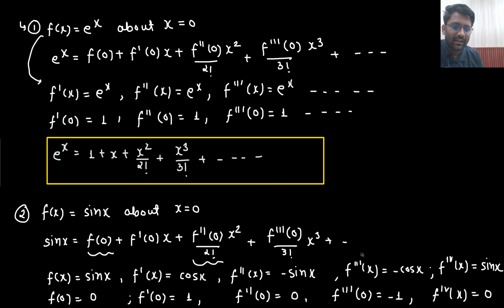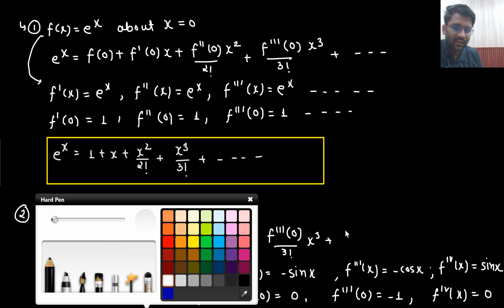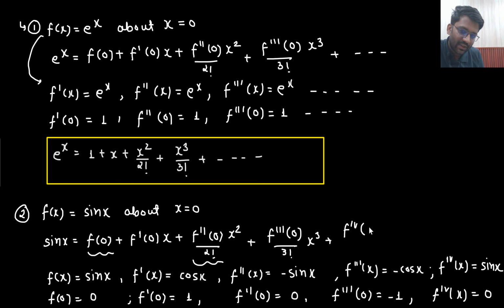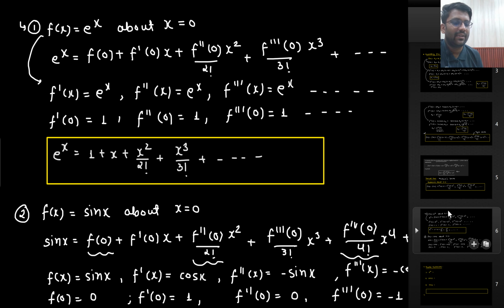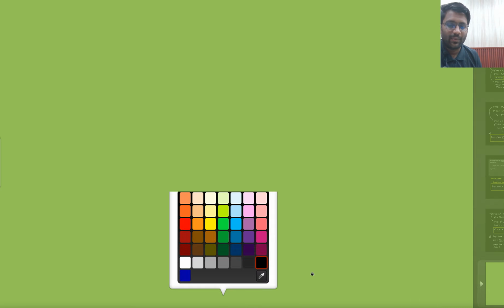If there was the 4 time differentiation, put x equals to 0 divided by 4 factorial x to the power 4 and so on. This will also become 0 only. So all the even differentiations are becoming 0, and the rest are these values. This value is 1, then this value is minus 1, the next value will be 1, the next will be minus 1. In that manner you will get the differentiation. So what answer will you get?